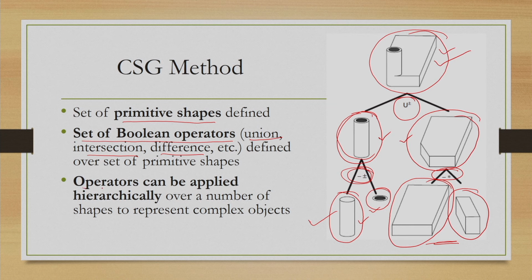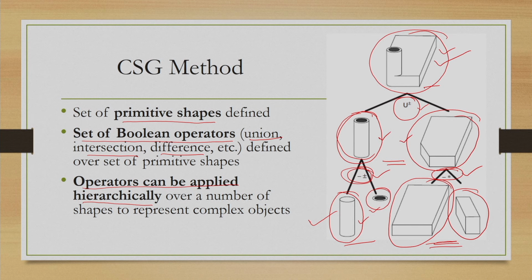So, the operators can be applied hierarchically. From this level we reach this level, and from this level we reach this level. At each level we apply the Boolean operators. That is a hierarchical application of operators. In other words, we have a set of primitive shapes defined and a set of Boolean operators on those shapes also defined.